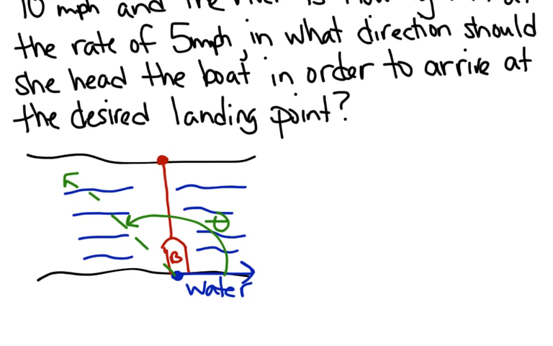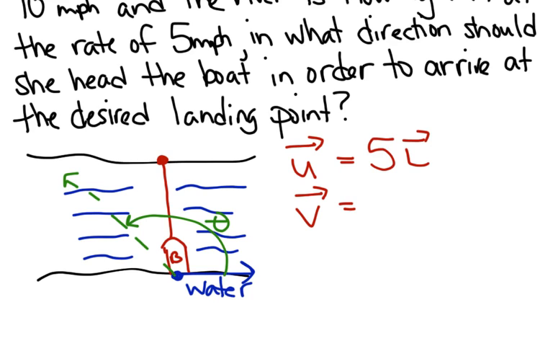So we're going to start by finding the velocity of the water. I'll call that u. Since it's heading straight east, and that's the i component direction, it's going to be 5i. The boat, we want it to go straight, but it's really going at an angle so that it appears that it's going straight across.